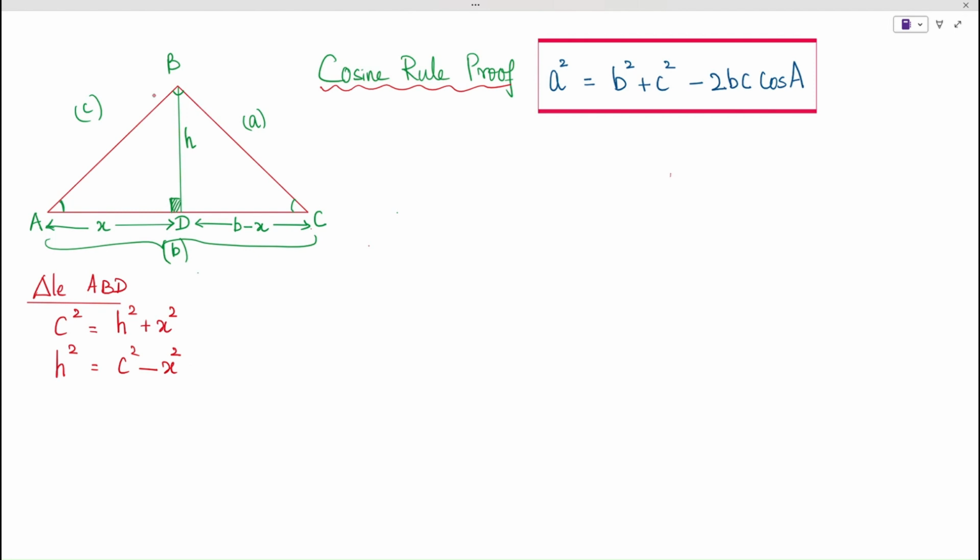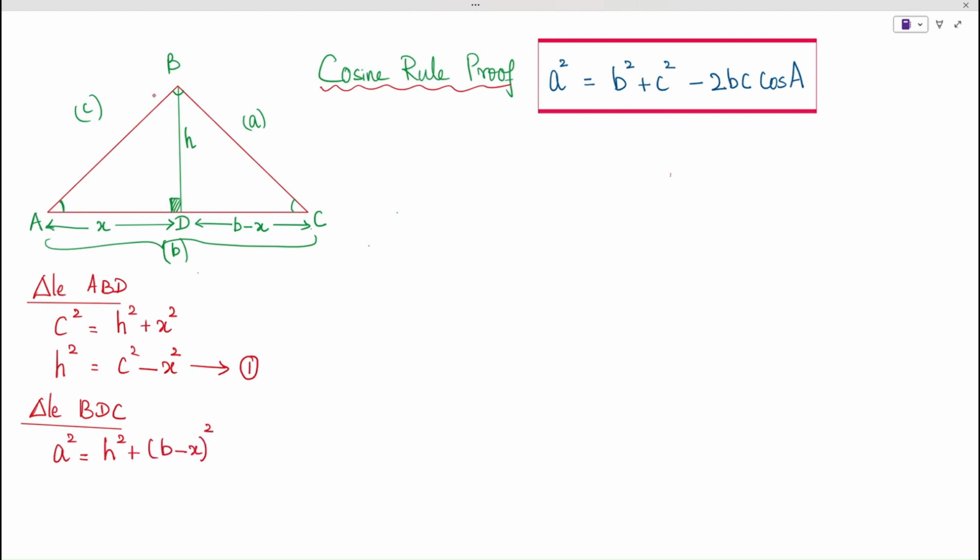In a similar way, we will take triangle BDC, and so by using Pythagoras, we get a squared is equal to h squared plus (b minus x) the whole squared.